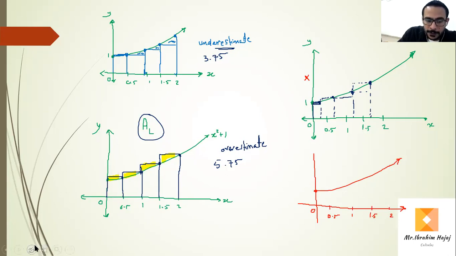And the points, put points as usual, 2 and a value, 1.5 and the value, 1 and a value, up here 0.5 and the value. You should first make the horizontal lines like this, and then connect the points.